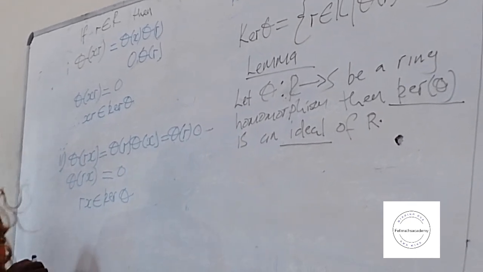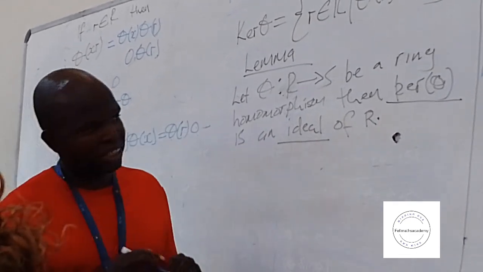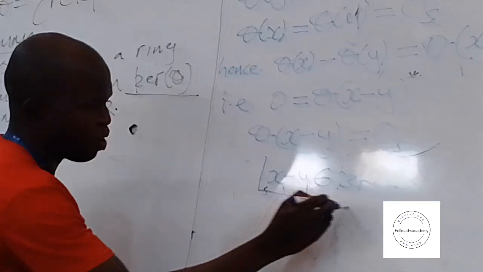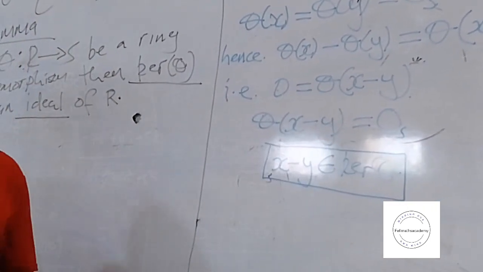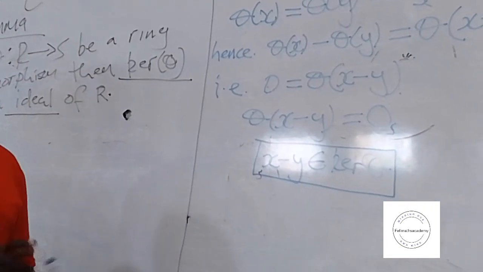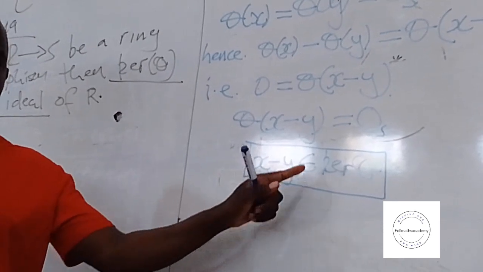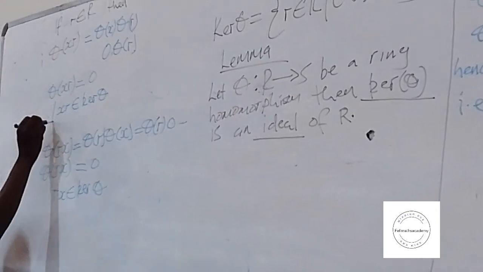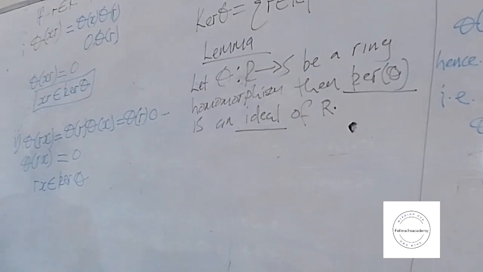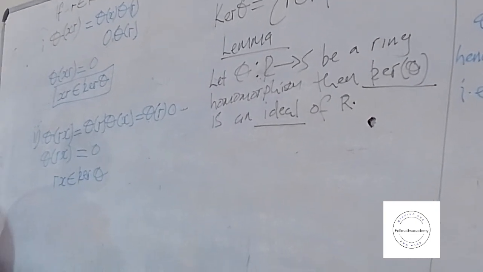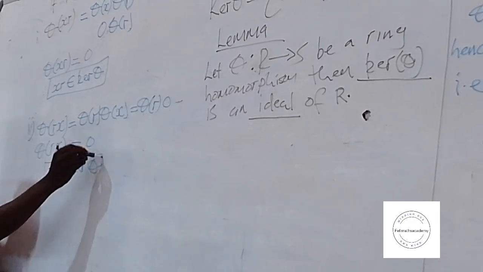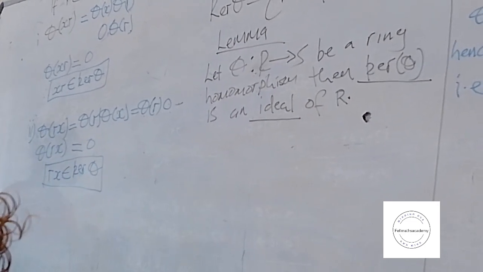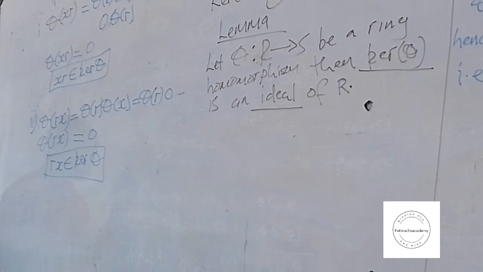Okay, we have three statements here. The first one we tested first was closure under addition: x minus y is an element of kernel theta. Plus xr is also an element of kernel theta. Rx is also an element of kernel theta. So what is our conclusion?